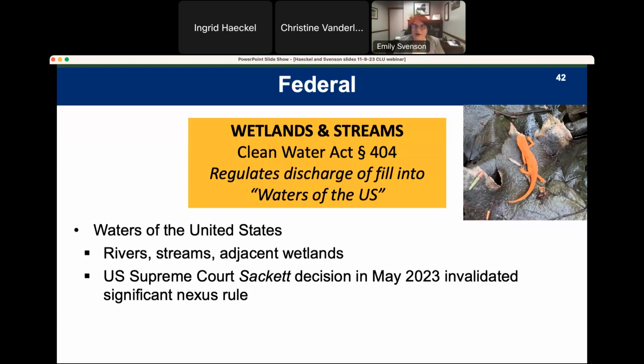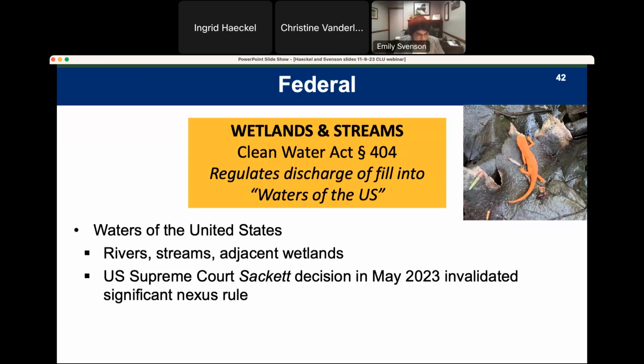Most recently in March 2023, a rule came out from the EPA, which is who makes the rules about waters of the United States. And no sooner had that rule gone into effect than in May 2023, the US Supreme Court Sackett decision came out, which invalidated the March 2023 rule.